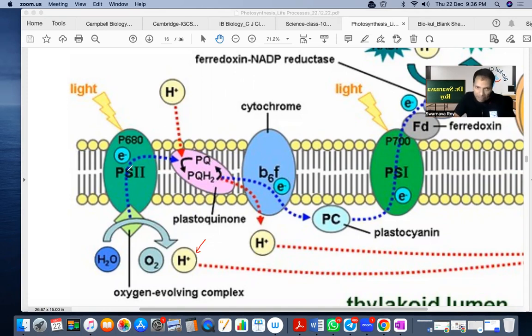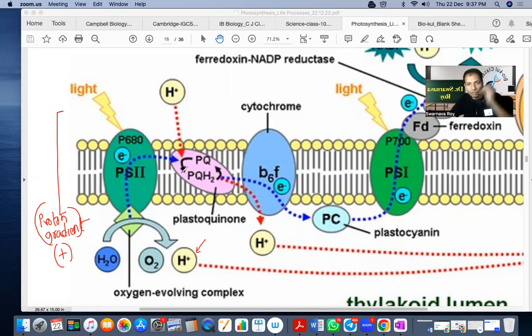At the same time, every time an electron passes to the PQ, it is transferring one H plus to the lumen side. So the lumen is getting H plus rich, and gradually a gradient is formed. A gradient, because there is more plus charge inside compared to outside. So there is an H plus or proton gradient forming as the electron is passing.